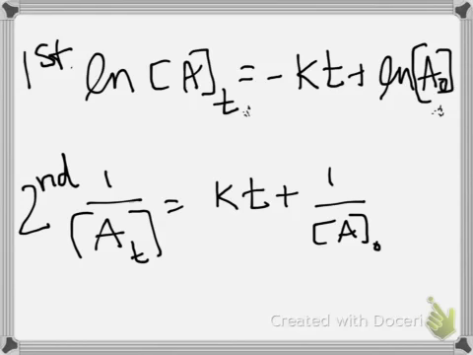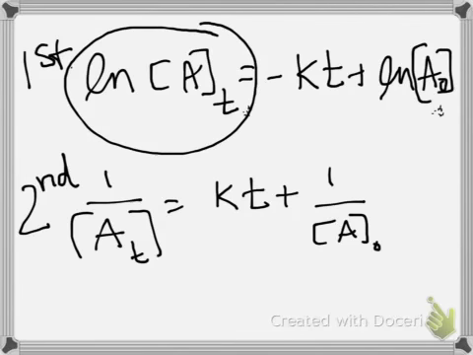If the process is a first order process, that means that the natural log of concentrations at given times, compared to time, so this is y and this is x, time, will give you a slope of k.